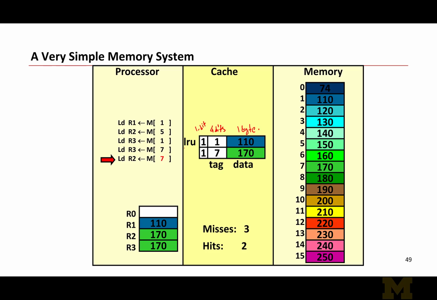Now later on when we talk about how to implement LRU, you will notice that I also need extra bits to implement the LRU policy, but we are going to ignore that for now. Now in this architecture, for each row I have 5 bits of overhead to store 8 bits of useful data. So 5:8, and that is also not a great ratio if you think about it in terms of the area overhead.